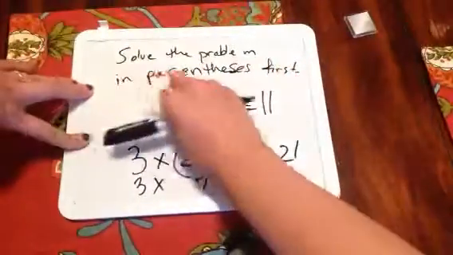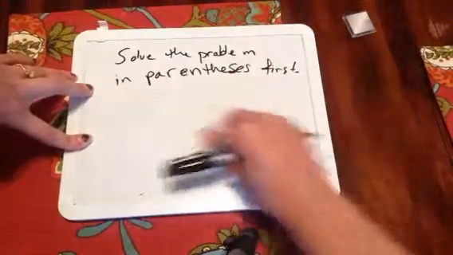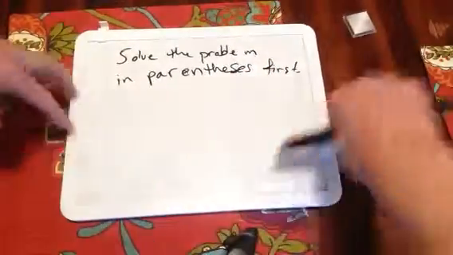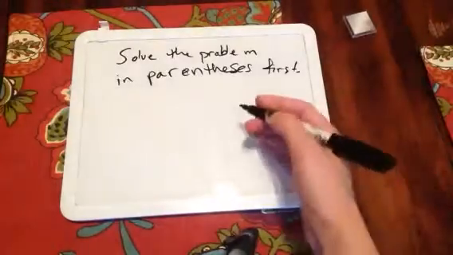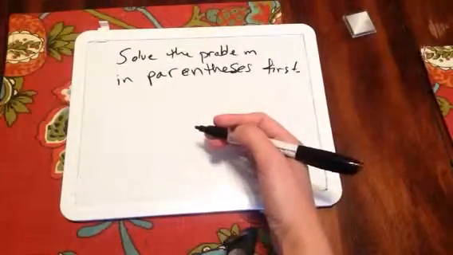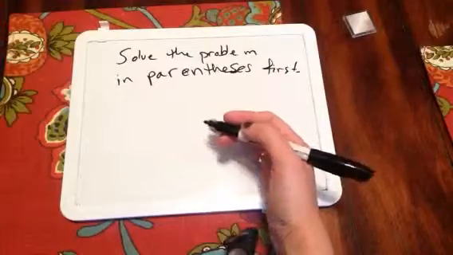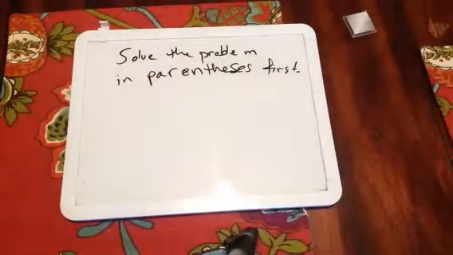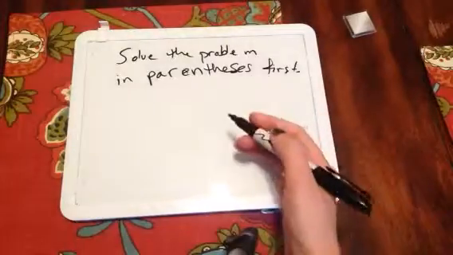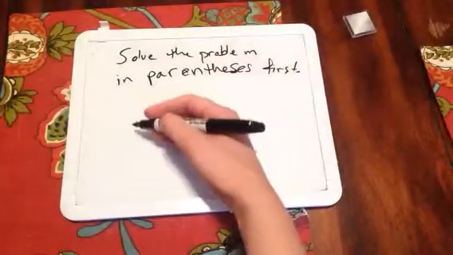Okay? So sometimes they might give you an equation and you need to put the parentheses around two numbers in order to make that equation true or to make that equation correct.